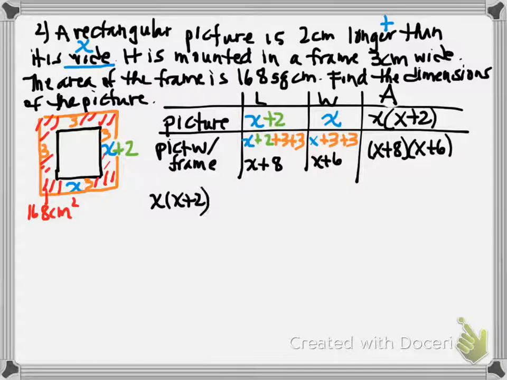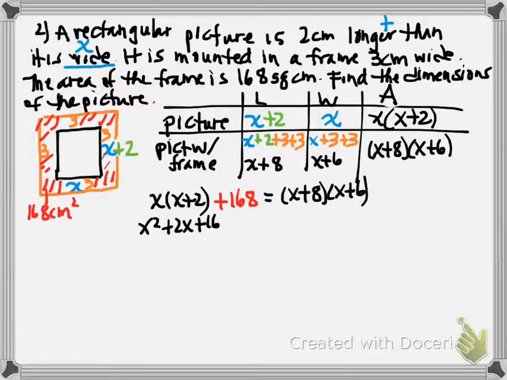We're going to add the increased amount, which in our case is the area of the frame. And that's going to be equal to the outer. So we go ahead and multiply, distribute. We get x squared plus 2x plus 168 equals x squared plus 6x plus 8x plus 48.